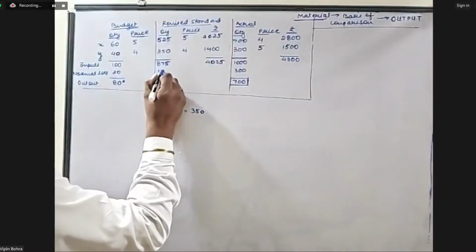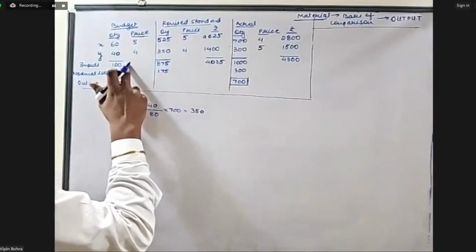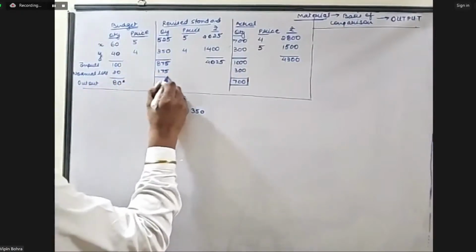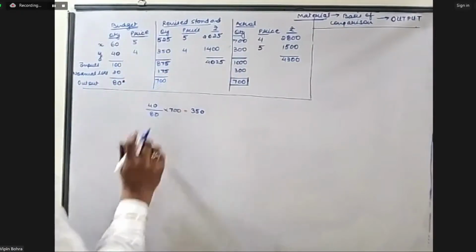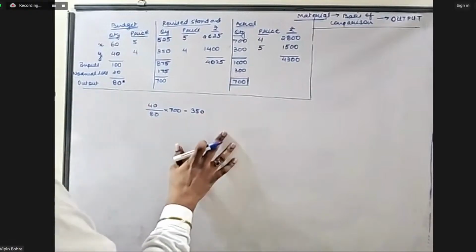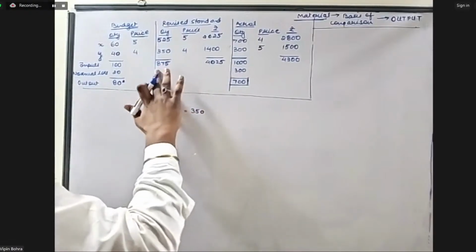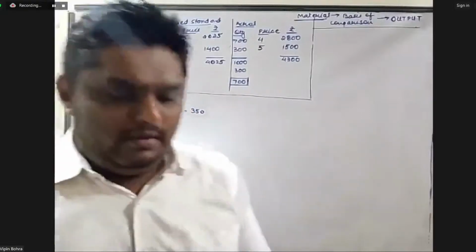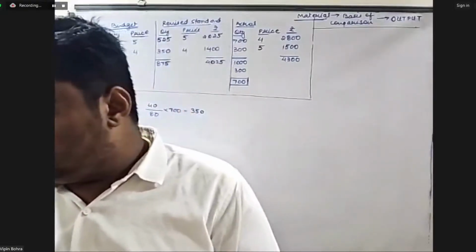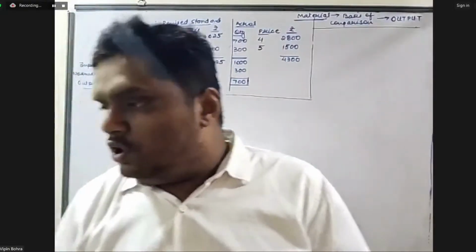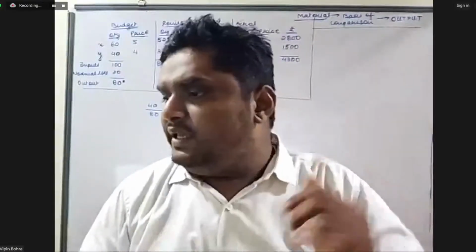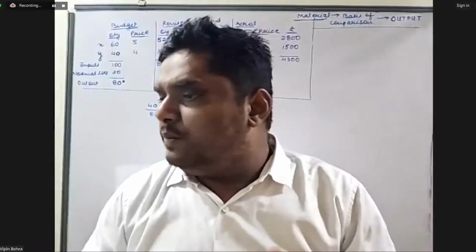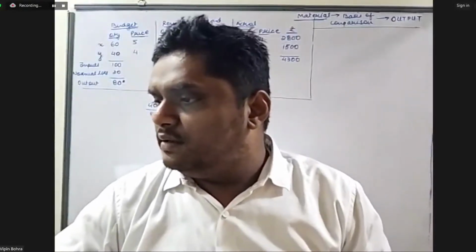So if we deduct normal loss, that is 175, which is 20% of input, we will get 700 units as output. So in short, Preeti, any doubts? Okay, now Preeti has posted the correct answer.